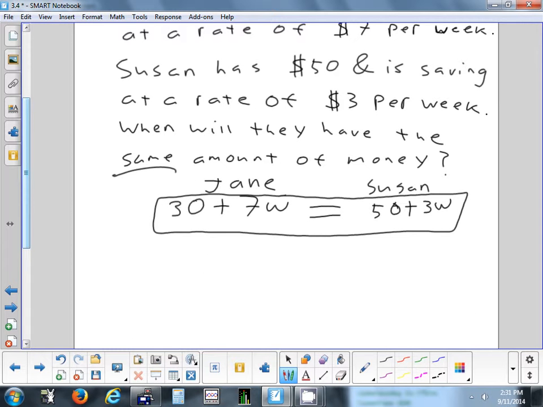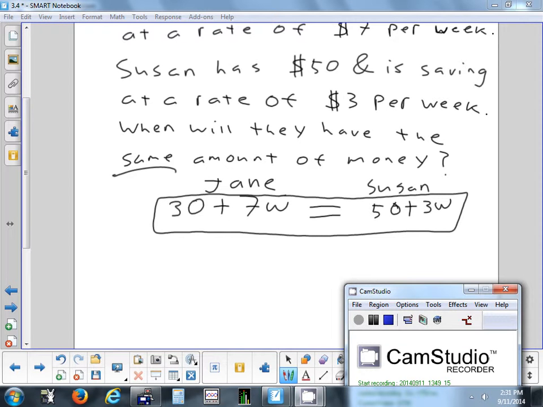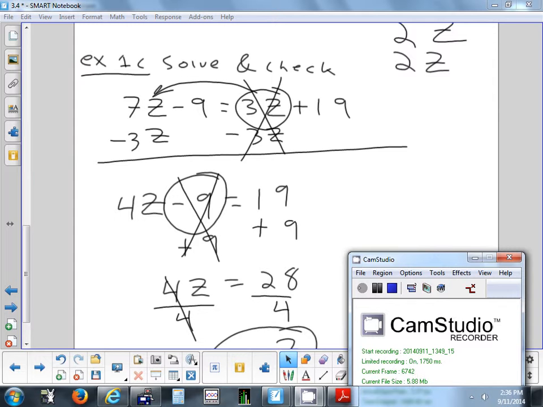So Mr. Roy is going to go over some of the problems for the test. Okay? So the homework tonight is going to be a worksheet. So the example that I want you guys to copy down for the test tomorrow is example 1C from today. Example 1C. Okay, and you already have the example from yesterday.